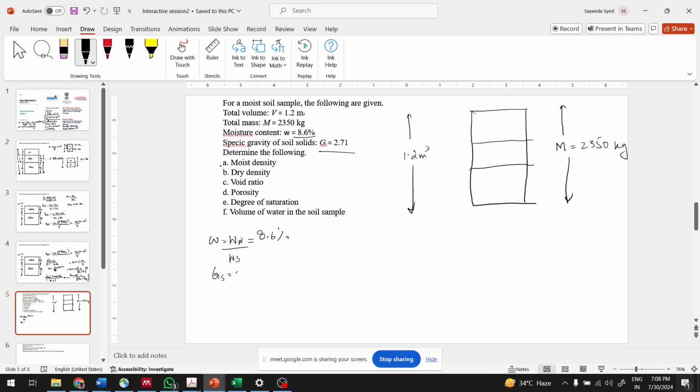And first of all, we need to determine the moist density. This is an easy step.